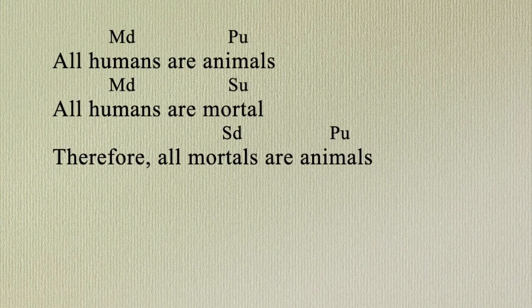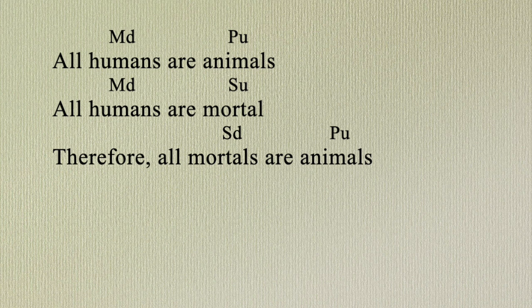Now consider another example that also breaks the rule but in a different way. All humans are animals. All humans are mortal. Therefore, all mortals are animals. Well, here our subject term is mortals, and it's distributed, but the predicate term animals is undistributed. Now look in the premises.